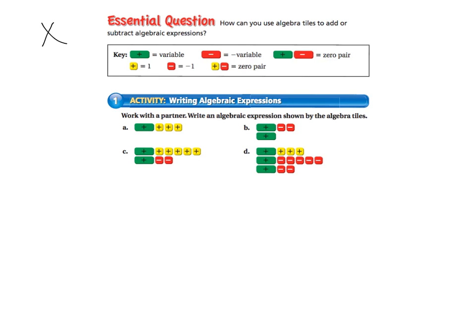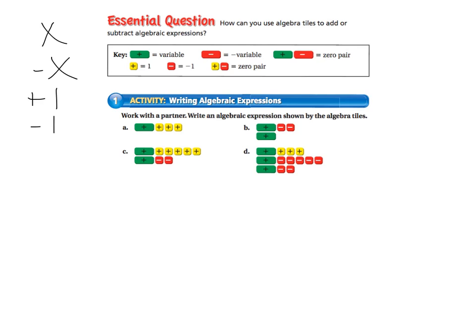And now we can see that a red negative is a negative variable. So we would see that as a minus or a negative x, okay? And then we also see here that we have a plus 1 and a minus 1. And those we would simply see as plus 1 and negative 1.